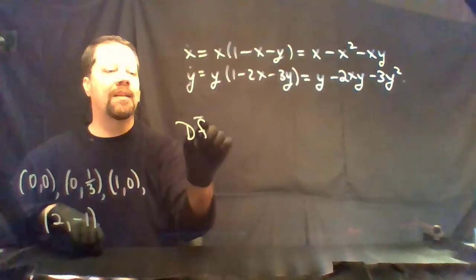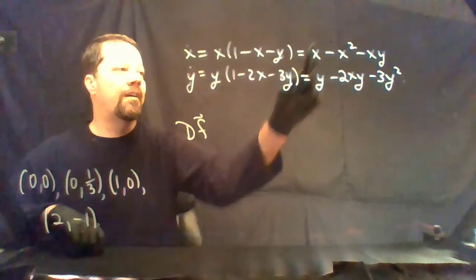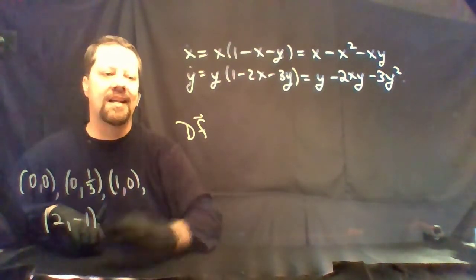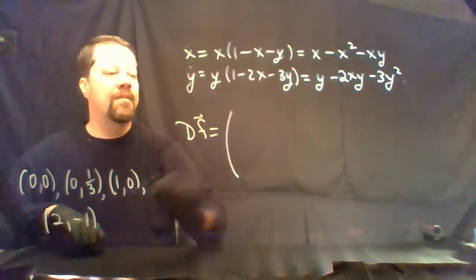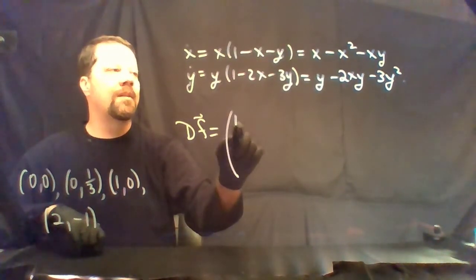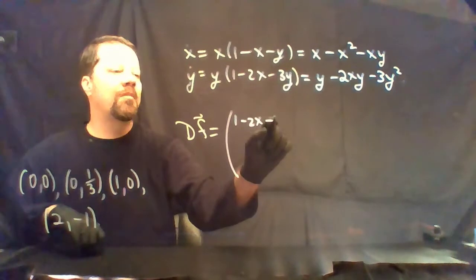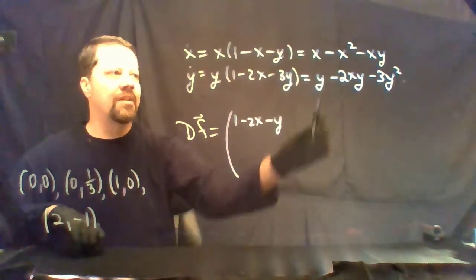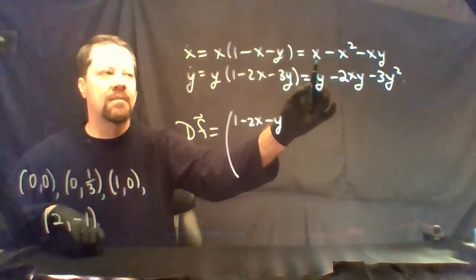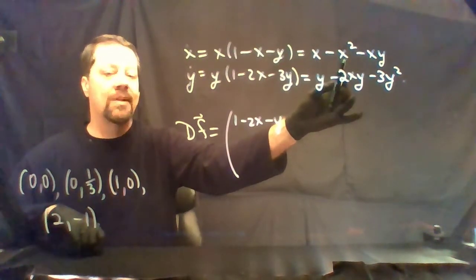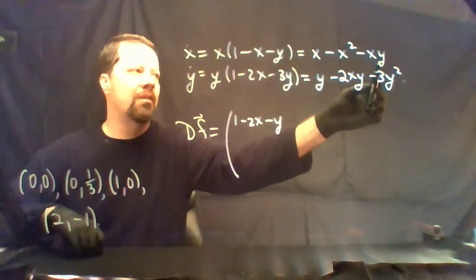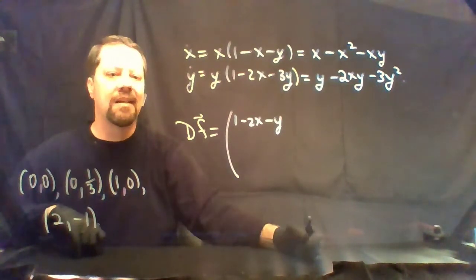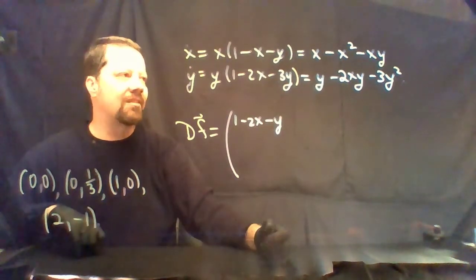We're now going to calculate the derivative of the function on the right-hand side. The matrix of derivatives is 1 minus 2x minus y. Make sure you know how to calculate these derivatives. The derivative of x is 1, the derivative of x squared is 2x, and on the next term we're holding y constant, and so it comes along as a factor.